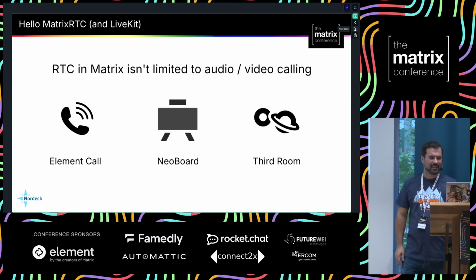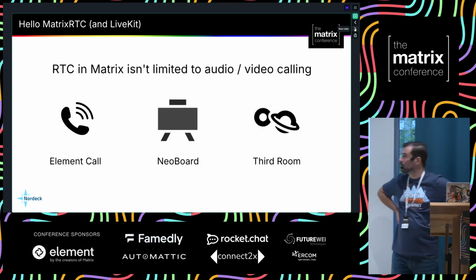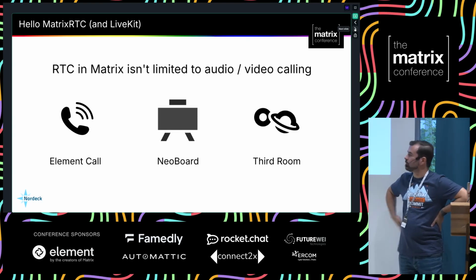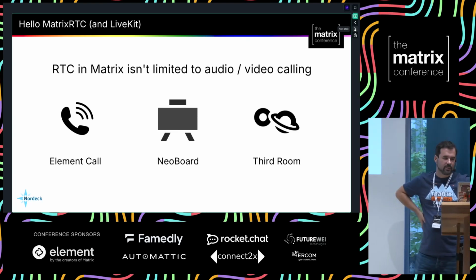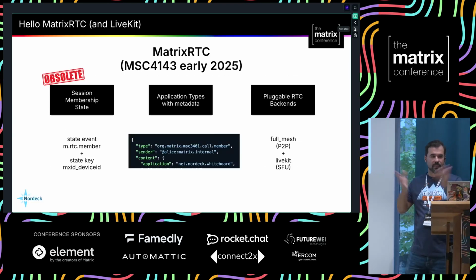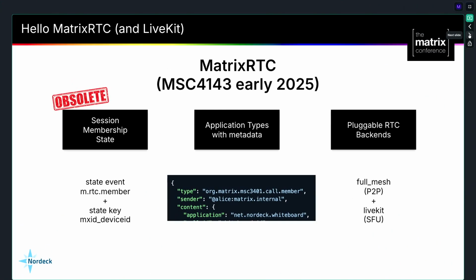Sometime later, because Element Call was also having similar issues, and because Matrix is using real-time communications in other use cases, like Third Room, and also NeoBoard was a good example of this, beyond Element Call, MatrixRTC set out to define a more configurable, or extensible, spec.